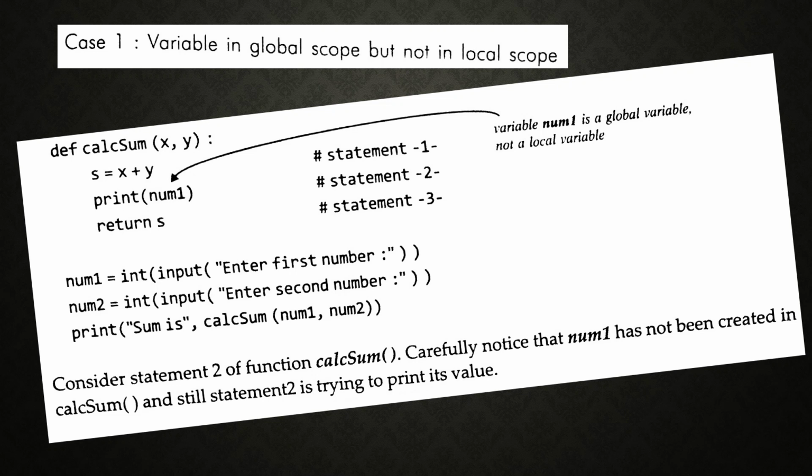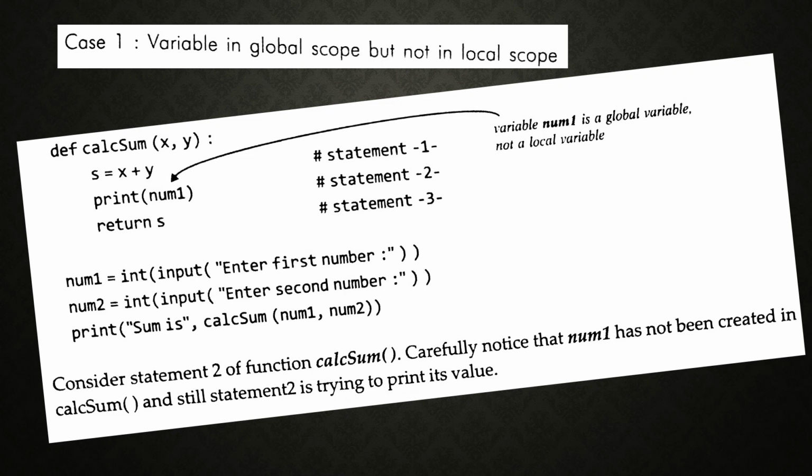The num1 value is available from the global variable, so a function block can access the global variable also, and it will display the value 2 and return s. It returns the value to the main program. Print sum, so it will display 6. Okay, this is the first case: variable in the global scope but not in the local scope.